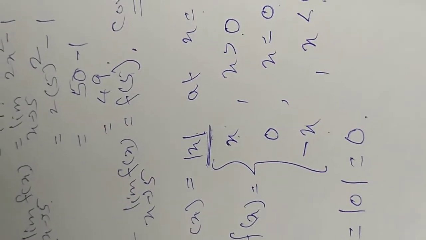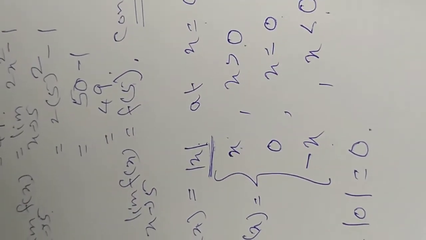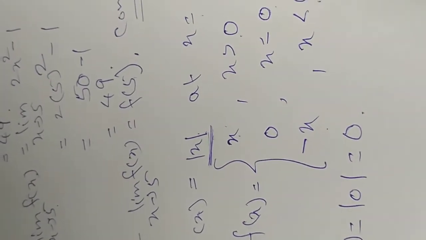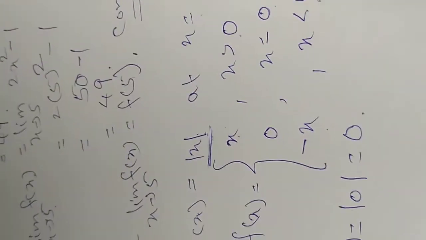Since this is a modulus function, I need to apply the LHL and RHL methodology only. I cannot directly substitute the value as x tends to 0. Last year also we have solved these types of examples.